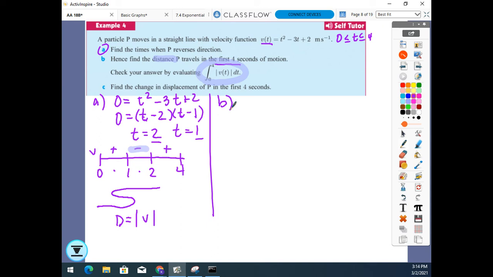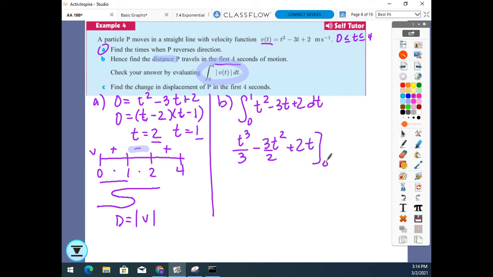All right, so because my velocity is positive from 0 to 1, to find my distance, I don't have an area, so I just have to do my integral from 0 to 1 of my velocity function. So let's find this area here first, or this distance. So I do the antiderivative, add 1 and divide, add 1 and divide, add 1 from 0 to 1.